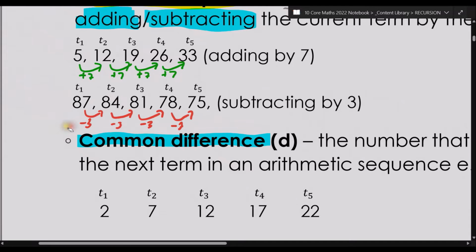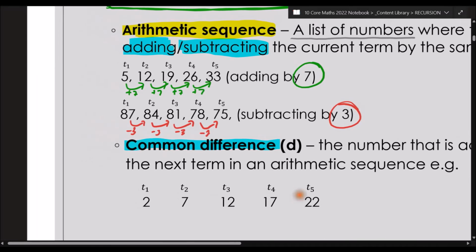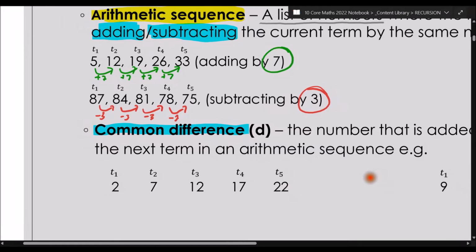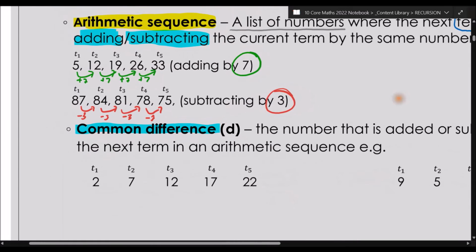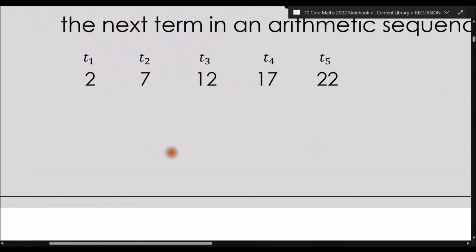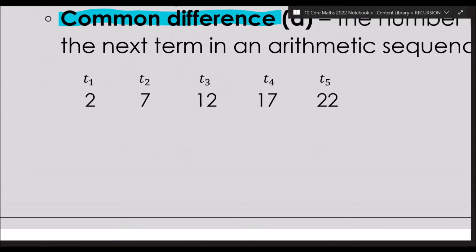There's your common difference, -3. And for this sequence here, the common difference is 7. There is your common difference. There is also your common difference. So it's the number that you're either minusing or adding by.